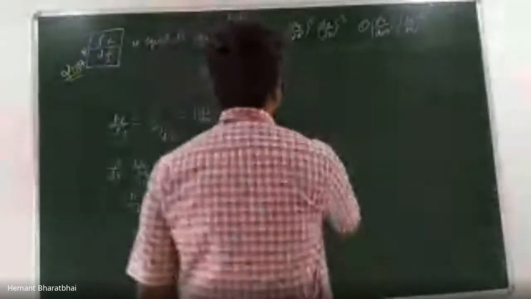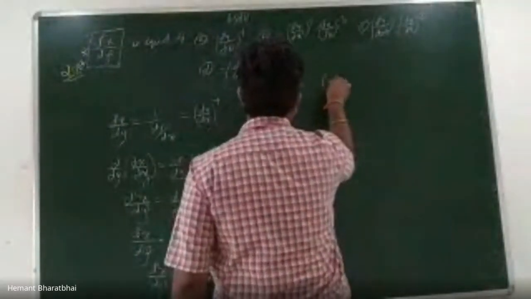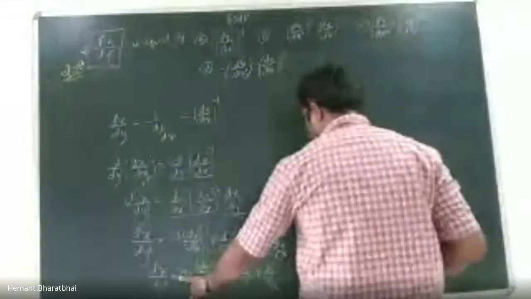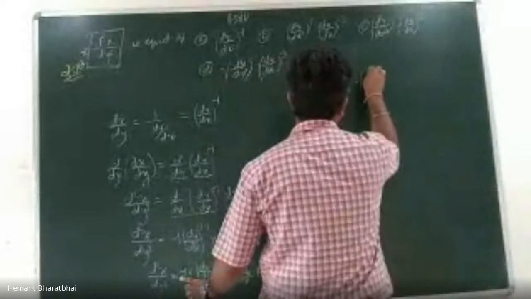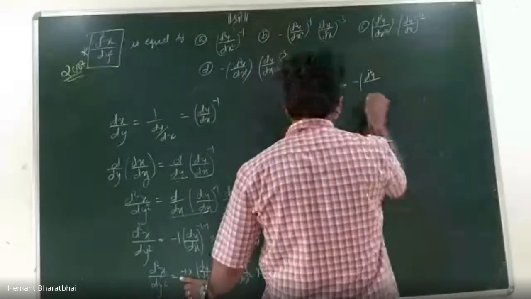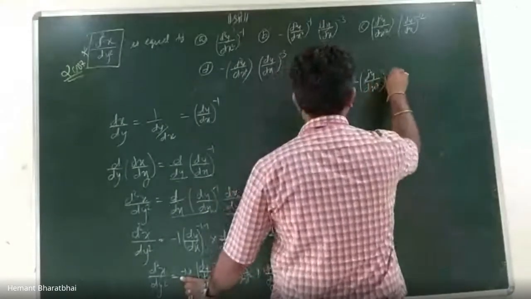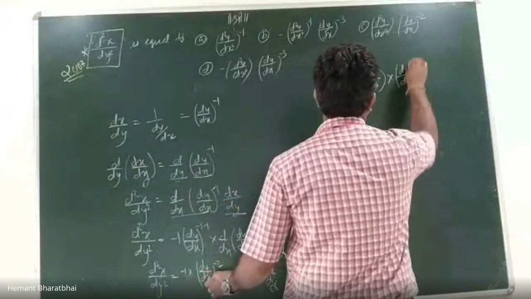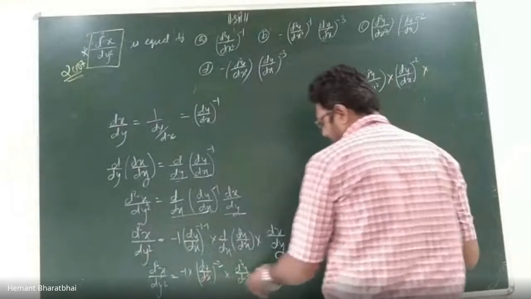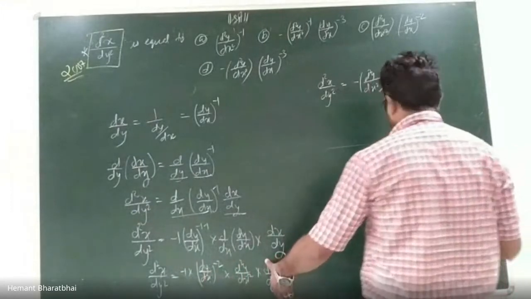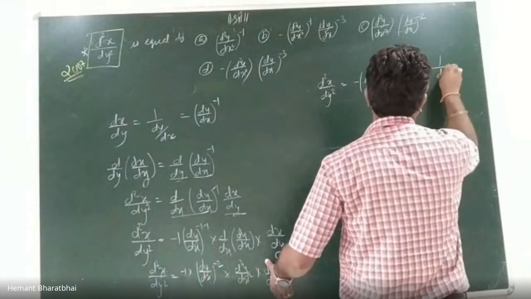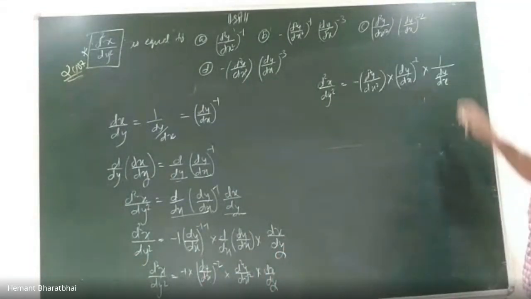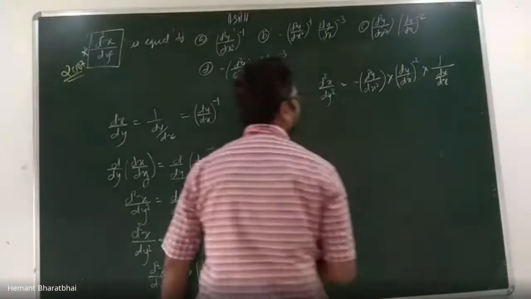Which can further be written as d2x by dy square is equal to, this minus sign I am writing with this, minus of d2y by dx square into dy by dx the whole raised to minus 2. And here dx by dy I can write as 1 upon dy by dx.